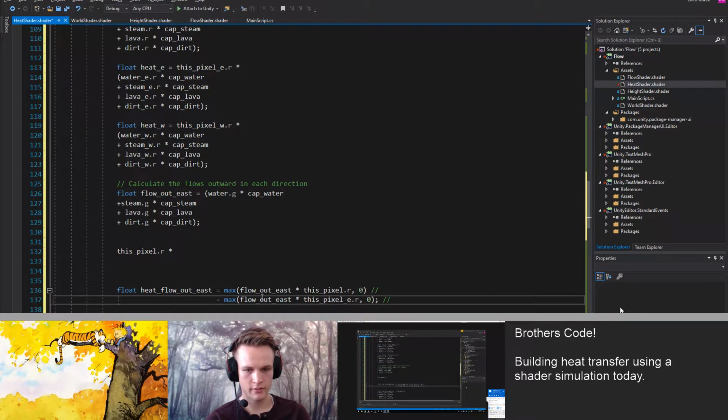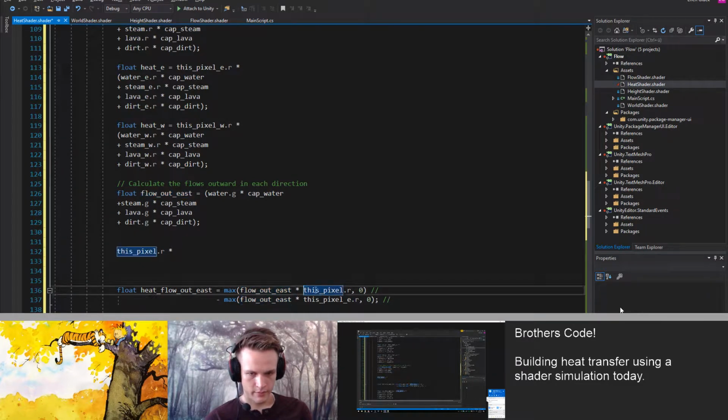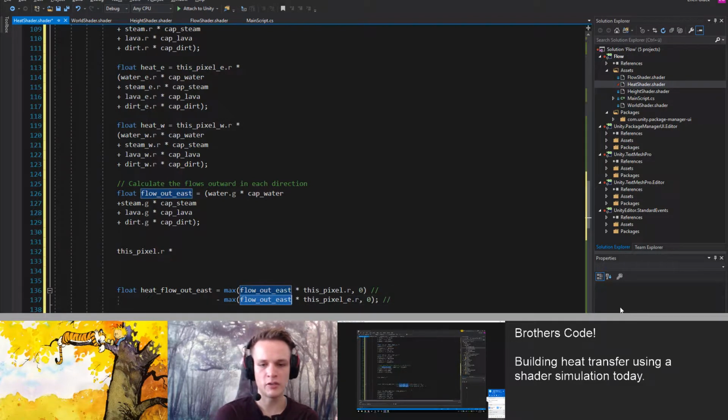So if we are flowing out, this is positive. And if we're flowing in, this is negative, which... doesn't that make the max... wait, dang it. Oh, it's minus the min. It should be minus the min, right?